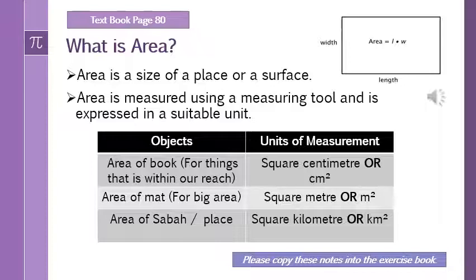For example, like Sabah. Okay, for those places, big places like Sabah, Kota Kinabalu, Lahad Datu, a big lake, we use square kilometer as the unit of measurement. So don't forget to copy this into your exercise book.